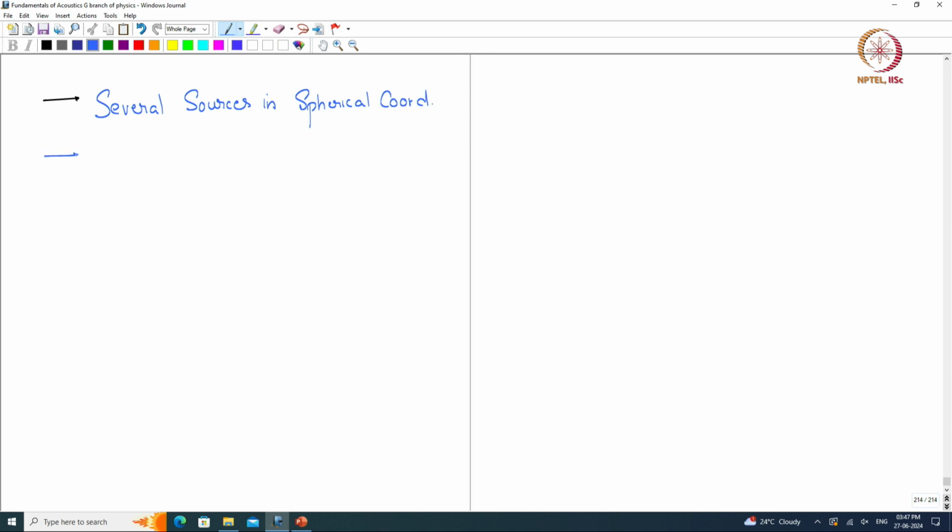We looked at a piston or a spherical cap vibrating on a rigid sphere.